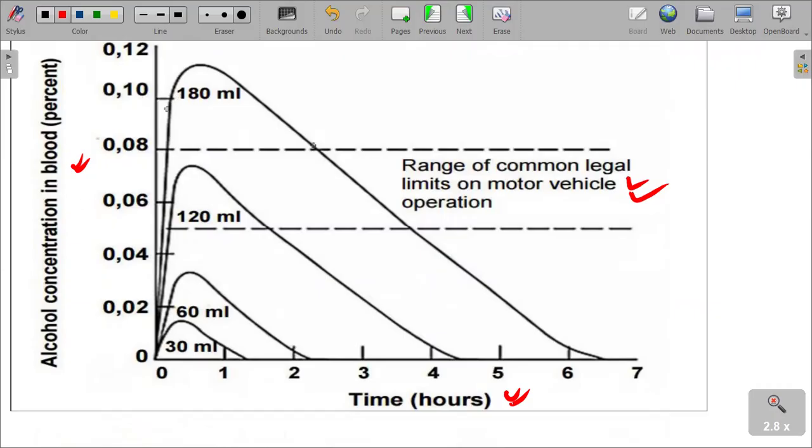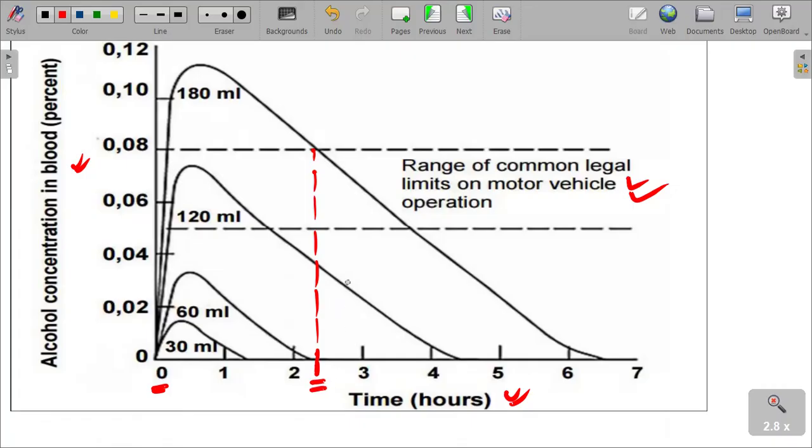We are seeing the alcohol concentration increasing there. And then we are saying he drinks from here. And then this going back to normal is somewhere here, which we can see it can be 2.3 to 2.4 hours.